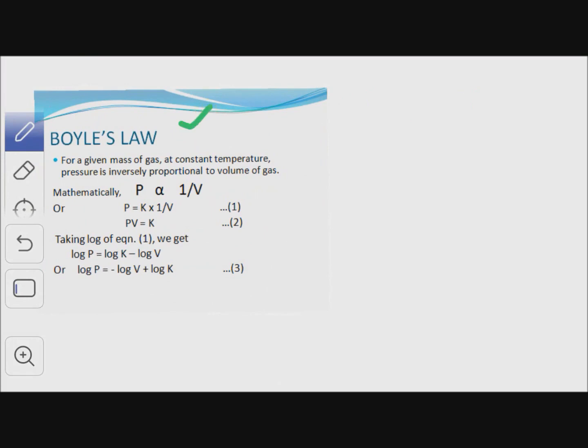Boyle's law. According to Boyle's law, for a given mass of gas, given mass of gas means number of moles are fixed. The value of n is fixed if we have a given mass of gas. Next is at constant temperature.